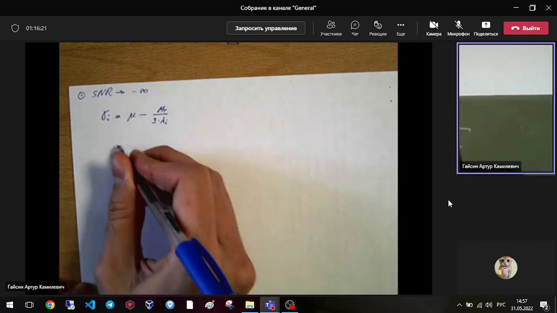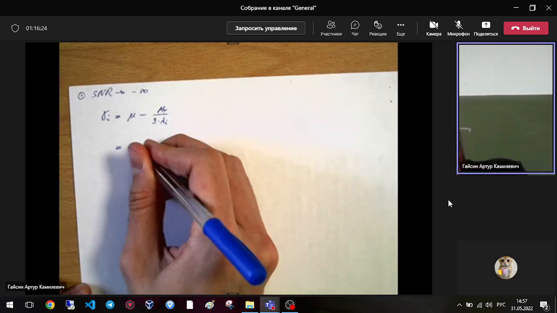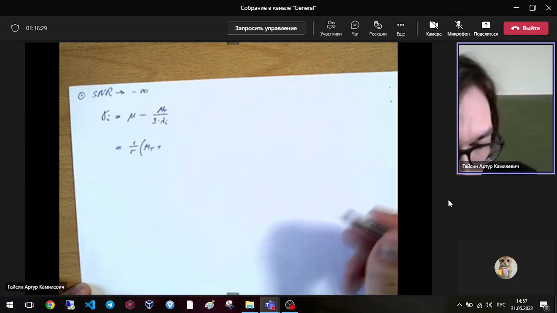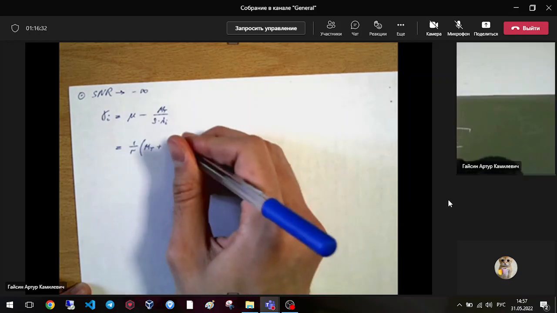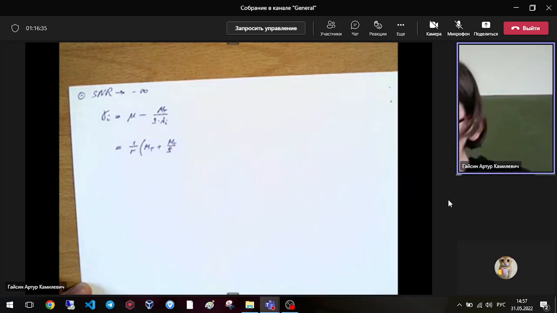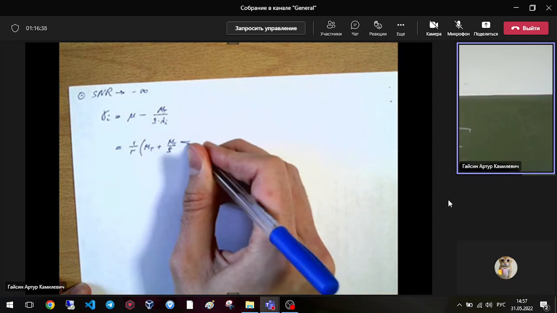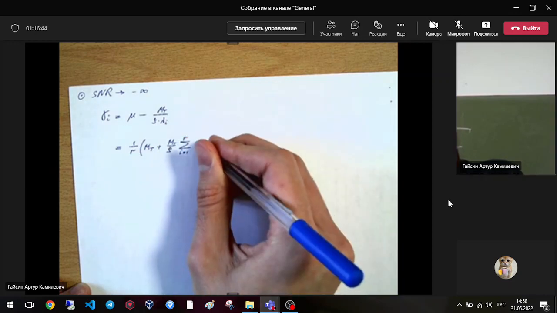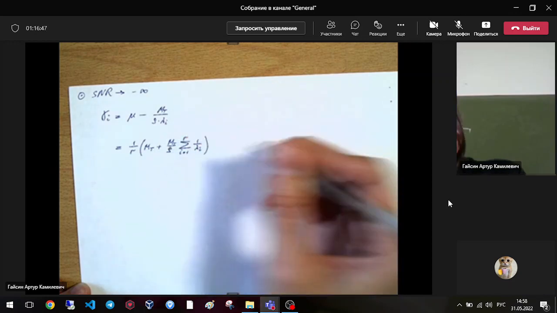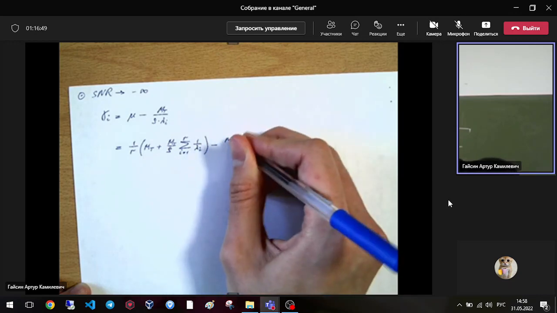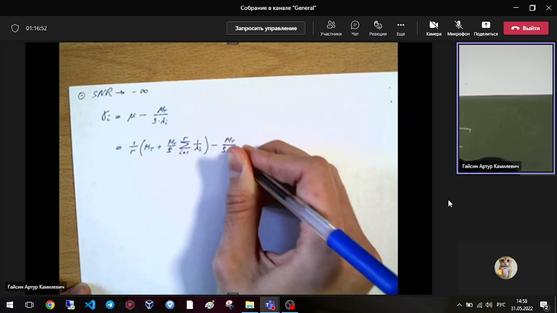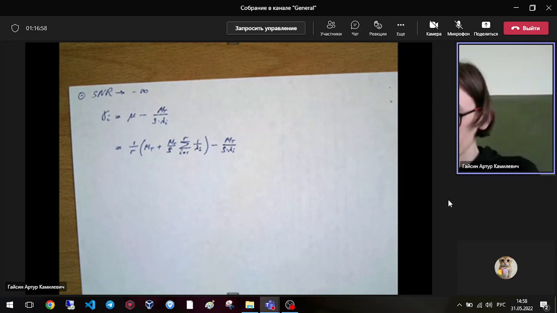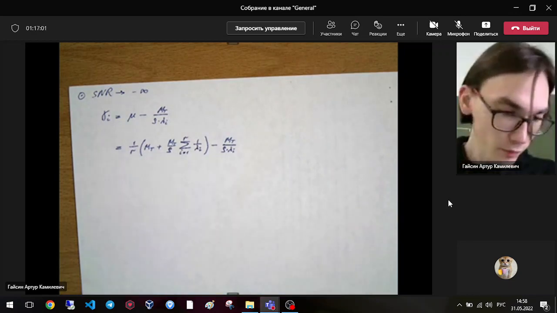So they write it as 1 divided by R, then MT plus MT divided by this signal to noise ratio, and here we assume this summation from I equal to 1 to R, 1 divided by lambda I, and then minus MT divided by signal to noise ratio times eigenvalue. Then they open these braces.